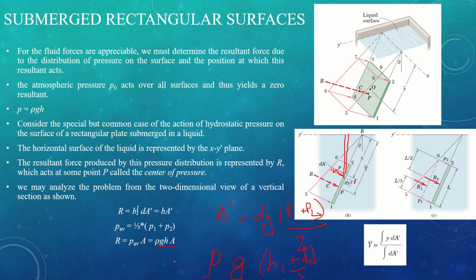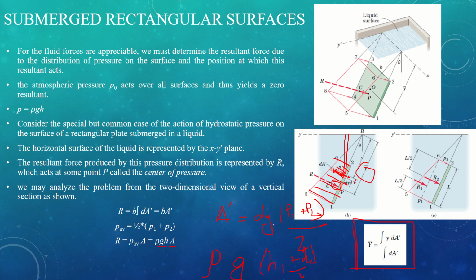As a result, if you take this dA and you need to find the value of y, how do you find it? You're going to add all the areas, add them together, and you will find the resultant. So your integration will go from 1 to 2 based on height. And this is where you will find in a two-dimensional system your reaction R.